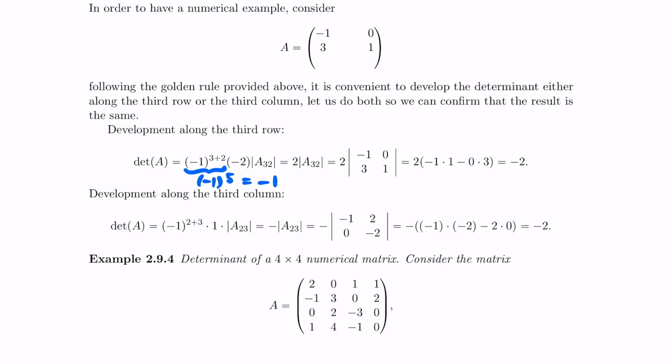And so we have that the determinant of A is 2 times this minor here, and we have already seen that this minor is nothing but the determinant of this submatrix. The determinant is -1 times 1, which is -1, minus 0 times 3, which is 0.